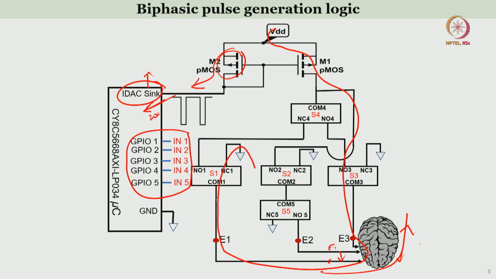If you can program your microcontroller to generate 200 microampere sink current, the same 200 microampere sink current flows from VDD via the transistor to the IDAC block, right. And if you can maintain this in saturation, then the current flow takes place by properly switching the positions. In one way the current flows from E1 to E2, in another switch position the current flows from E2 to E1.